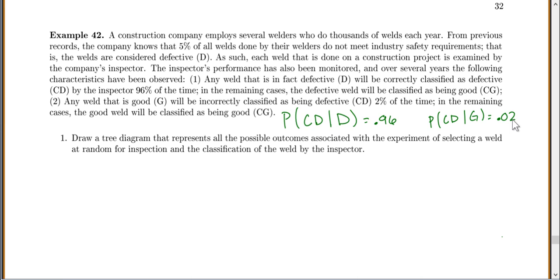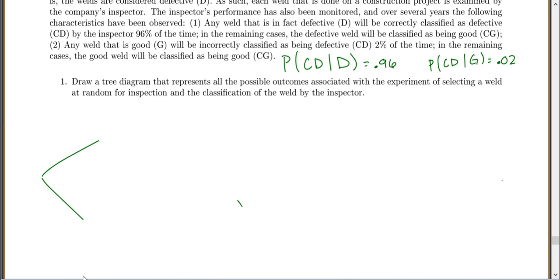And we want to draw a tree diagram to represent all of our possible outcomes associated with the experiment of selecting a weld and the classification of the weld. So when you draw these trees, sometimes people ask me, how do I know which thing I start with? Like, do I start with the D and G or the CD and CG? Well, sometimes it doesn't matter, like if you're doing independent events.